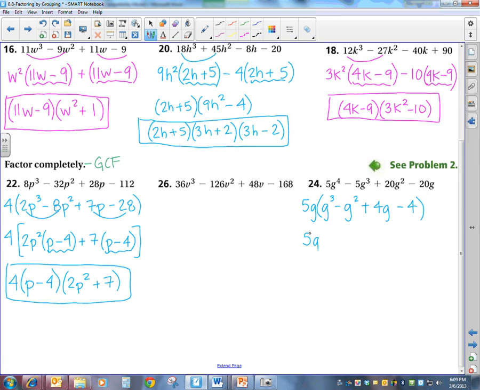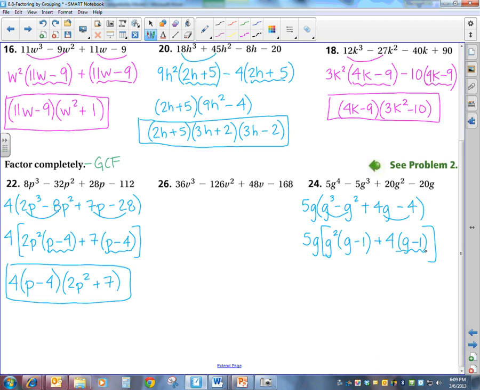Okay, so I got my 5g. And I'm going to look for the common factor of my pairs. So it looks like they just have g squared in common, leaving me with g minus 1. And then these two have a common 4, again leaving me with g minus 1.